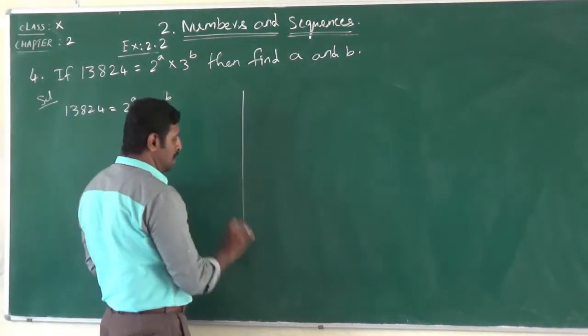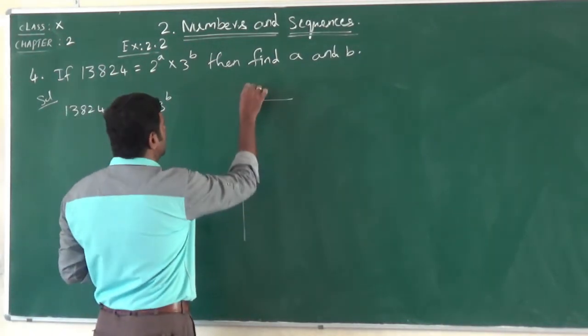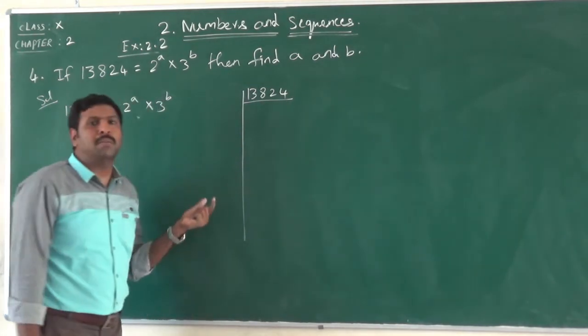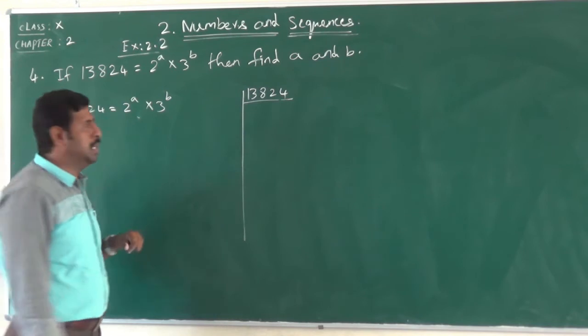Now, by using the simple prime factorization method, we can find the value. That is 13824. Using prime numbers, the last digit 4 is an even number, so it is divisible by 2.